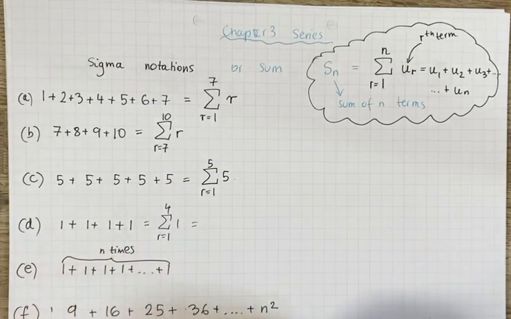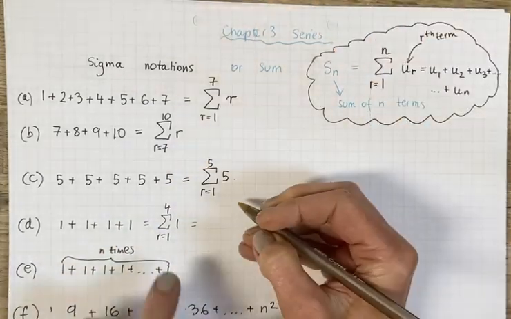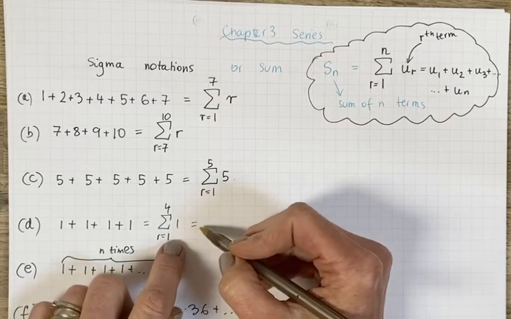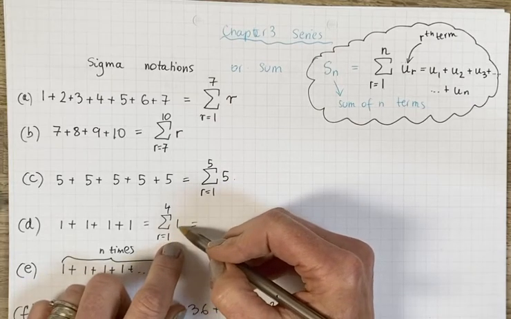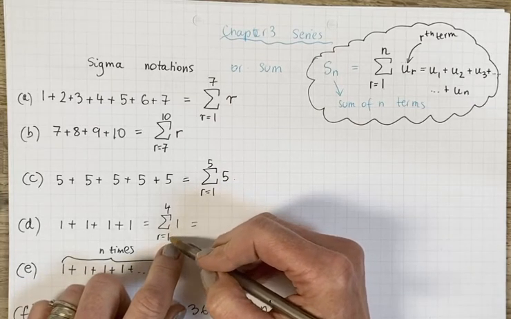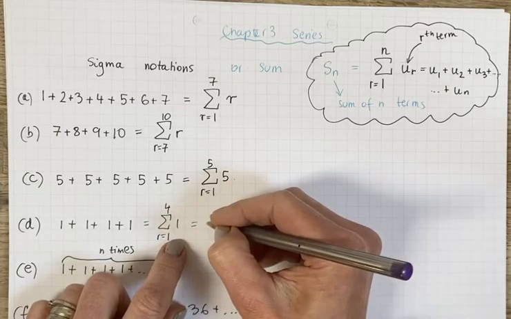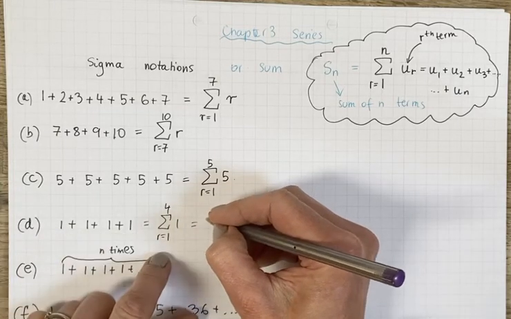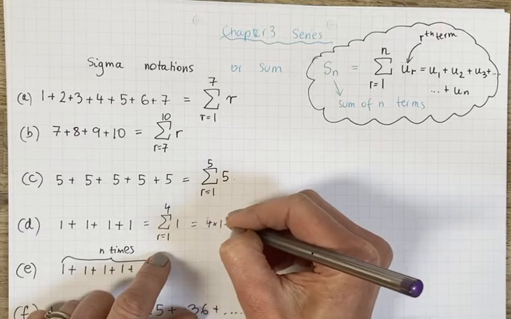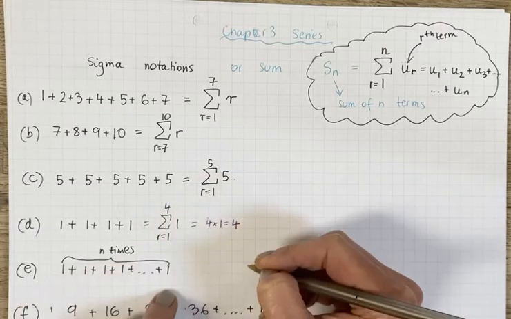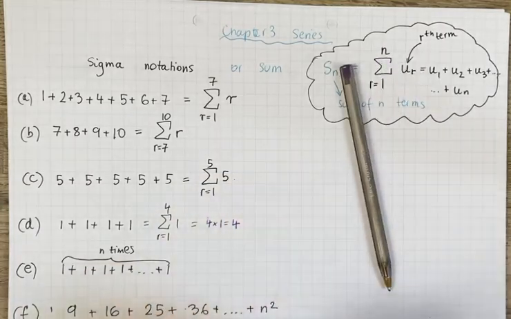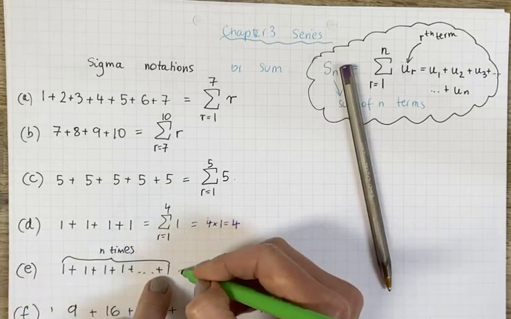Now for the next one, I want to actually work out what it is. So the sum of the terms from 1 to 4 of 1 is simply, how many ones have we got? 4. 4 times 1, so it's going to be 4. Now what happens if I've got n lots of 1s?